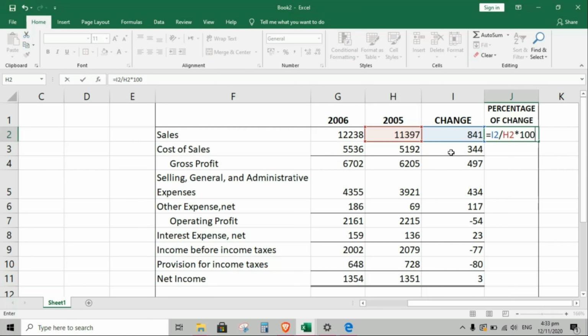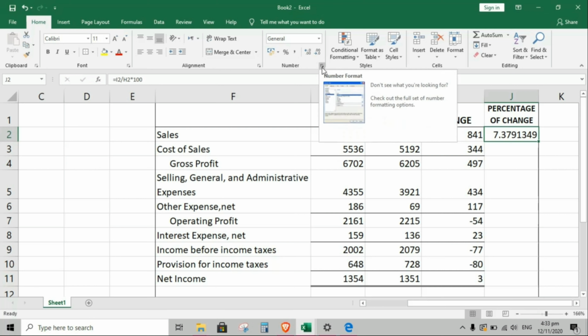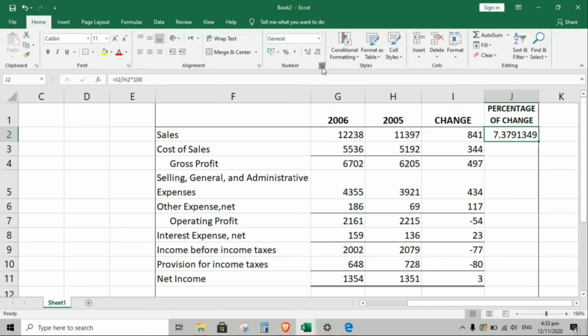Ito yung sa column ng I2. Yan yung kanyang sagot. Round off na lang natin sa second decimal.